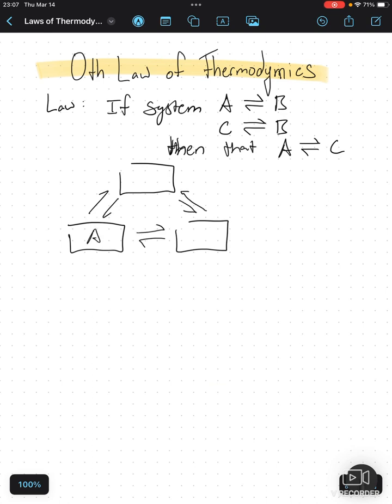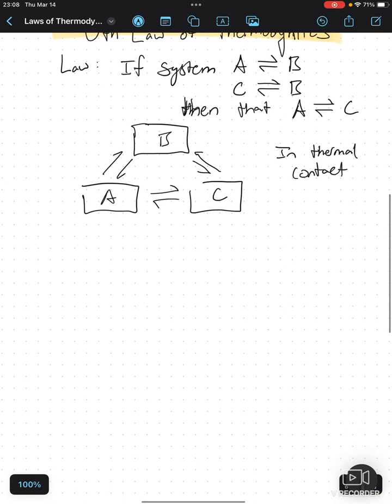Since pictures are always fun, all these systems must be in thermal equilibrium with each other, as long as they are in thermal contact, that is. So that would mean that maybe they share a wall through which only heat can transfer, which would be through conduction, and so on and so forth.